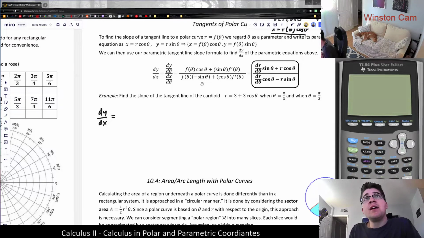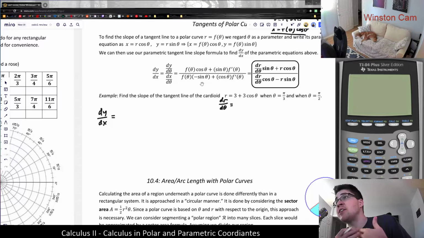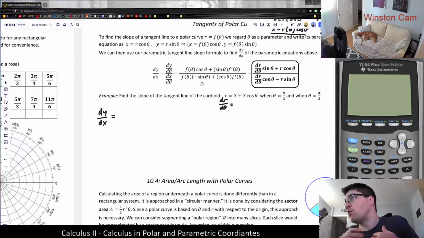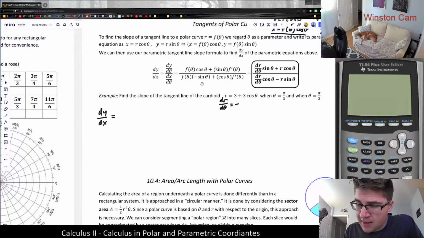So if we copy down our formula, it's first going to be nice to know what f prime, or dr d theta, is. The derivative of r with respect to theta can be done exactly normally: with respect to theta, the derivative of 3, the derivative of any constant, is always 0, and the derivative of cosine theta is negative sine theta. So we get negative 3 sine theta as our derivative.